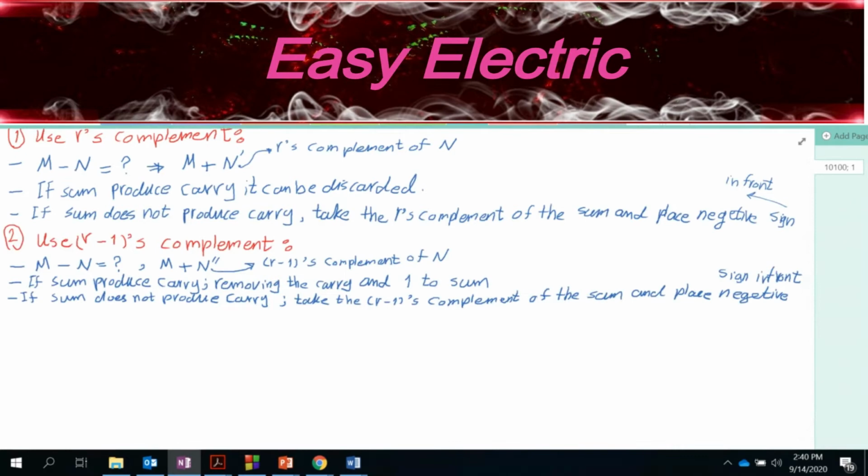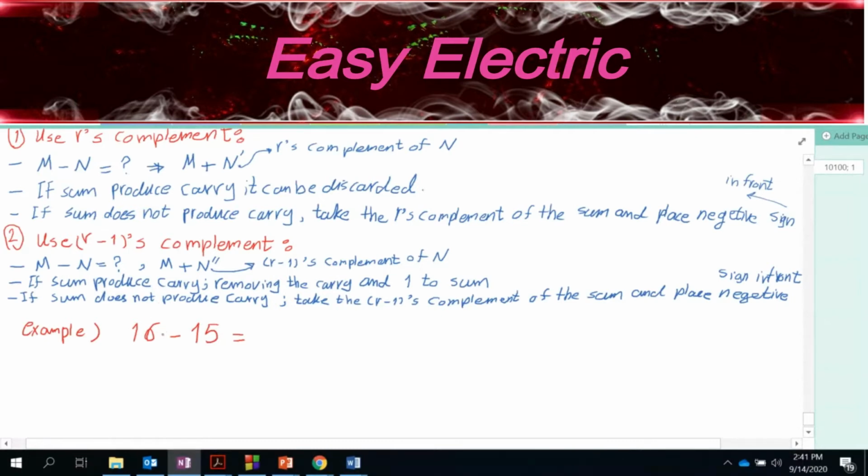So I have one example, and see how interesting this is. You want to do 16 minus 15. Definitely you know what the result is, but here we want to follow what we learned, using the r's complement and the r minus 1 complement.